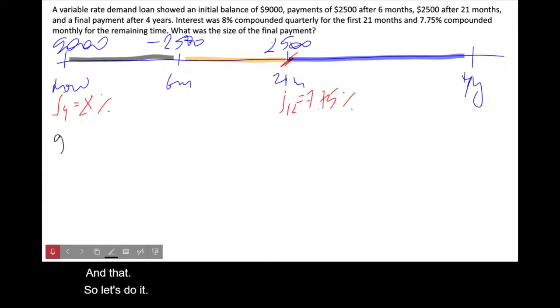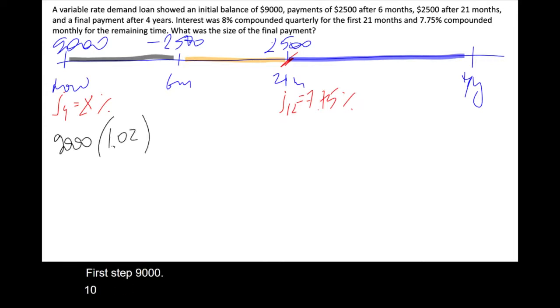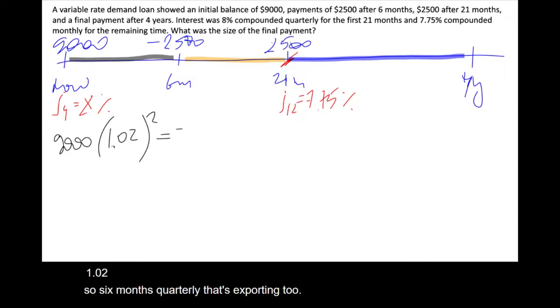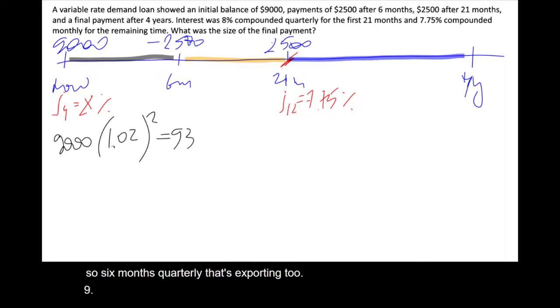So first step, 9,000 times 1.02. So 6 months quarterly, that's exponent 2. So 9,363.60.